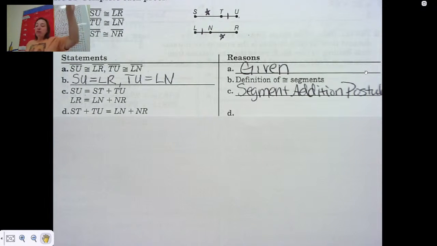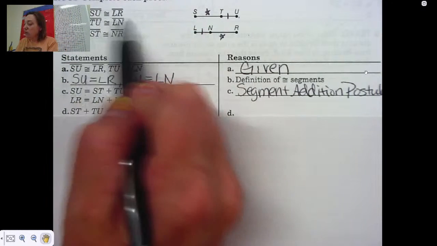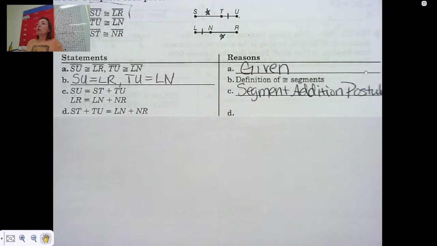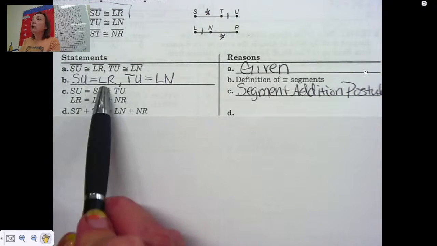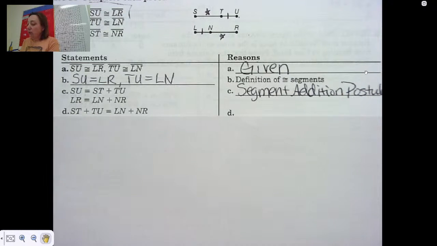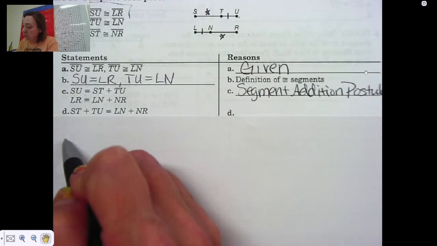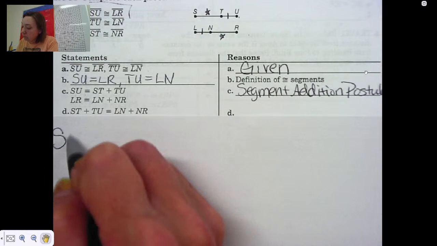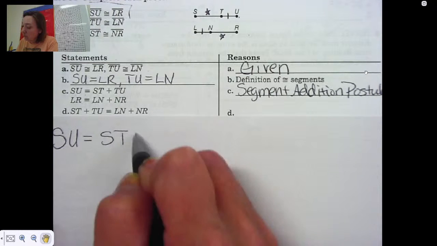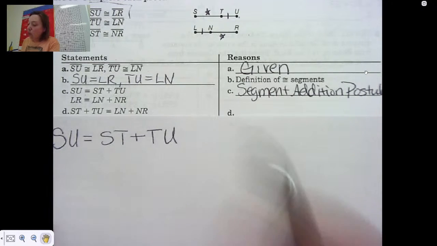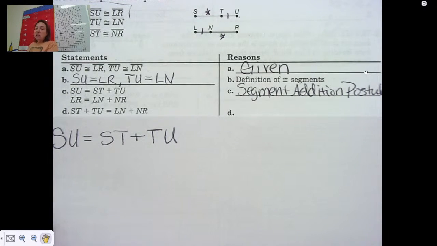Now remember, the very first statement that was given to us was that those two segments were congruent, right? So we know if the two segments are congruent, then we also know that the measurements are equal to each other. So I'm going to write this down so maybe it helps you. We know that SU equals ST plus TU, right?